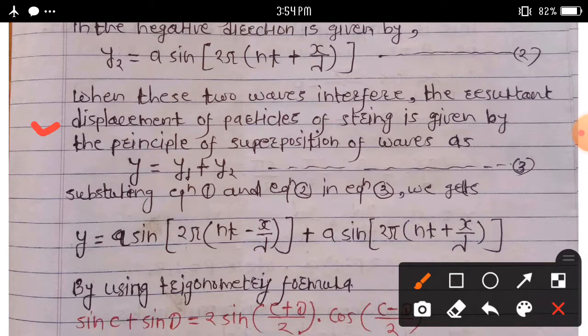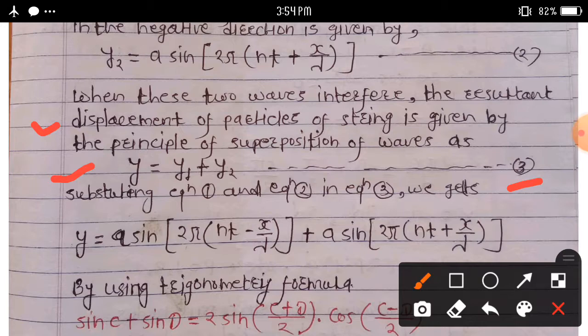When these two waves interfere, the resultant displacement of a particle of the string is given by the principle of superposition of waves. We can write y = y1 + y2. Consider this equation third.